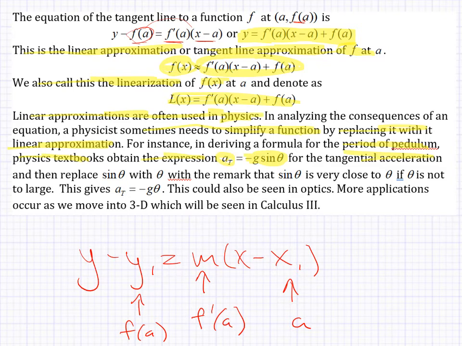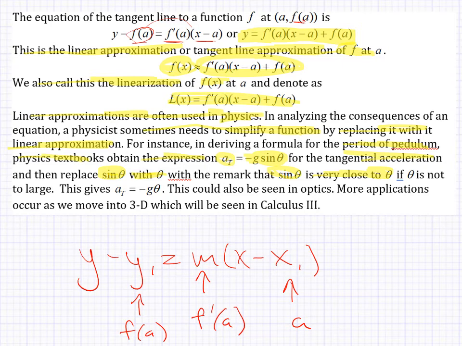And then what we could say is, well, that's fairly difficult with the sine function there, and theta being the value that we're working with. So we could just approximate it and say, well, sine of theta is actually pretty close to theta itself, if theta is not too big.